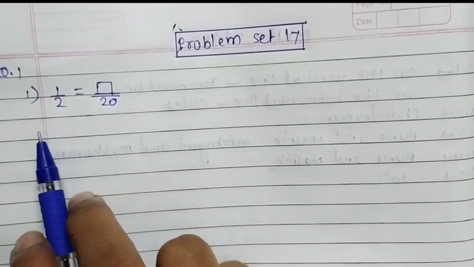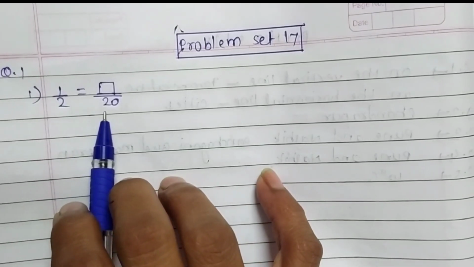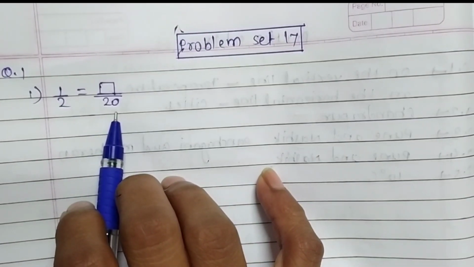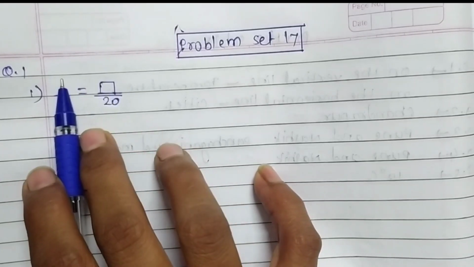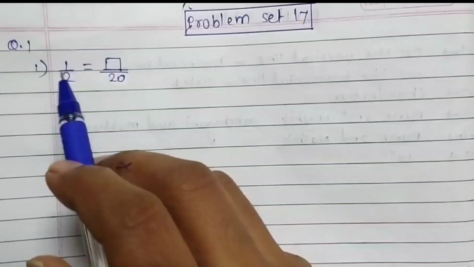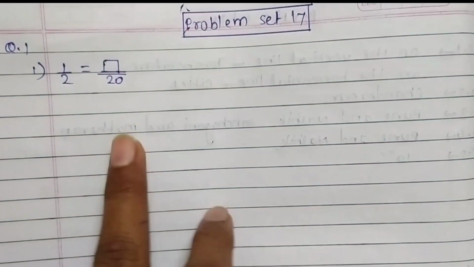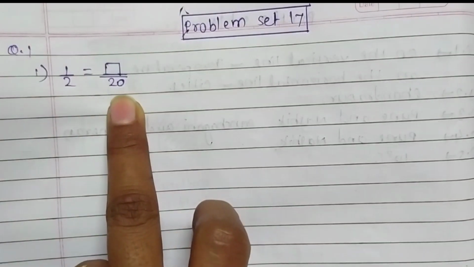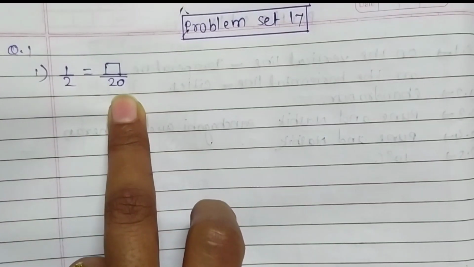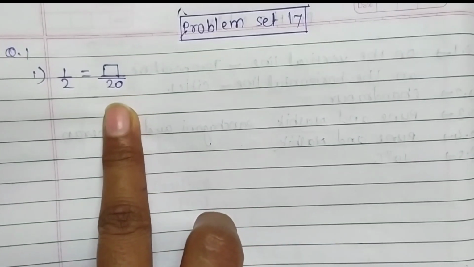Let's observe the given number in the answer. Here is 20 and it is the denominator of this fraction. Here they give us that 10 times 2 is equal to 20.